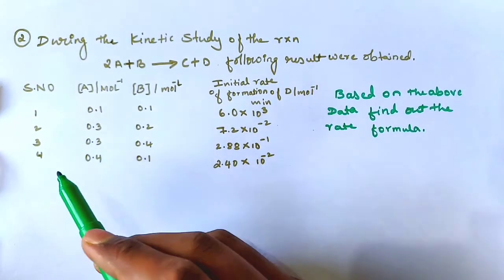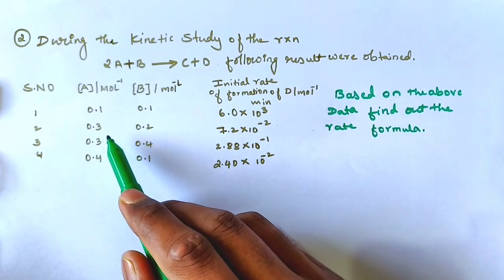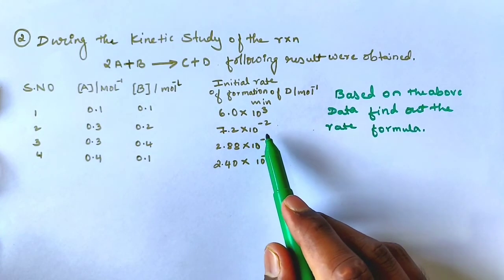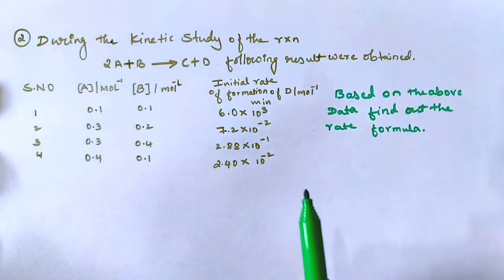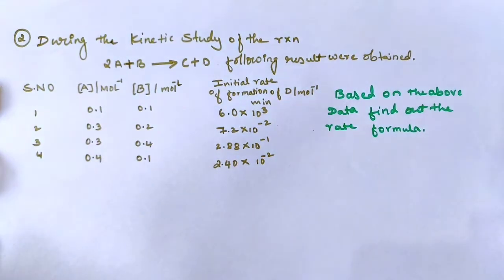And the same set of experiments with a different concentration, that is A with 0.3 mole and B with 0.2, 7.2 into 10 power of minus 2 rate of formation, and so on. So based on the above data, we need to find out the rate formula for this question.